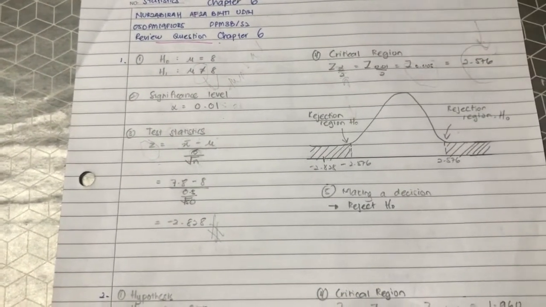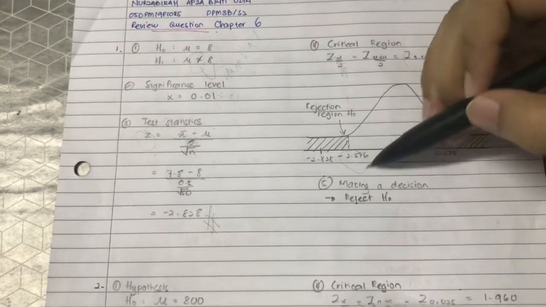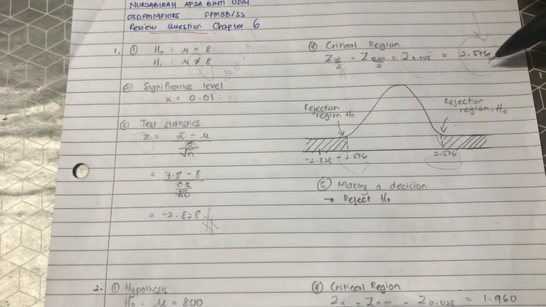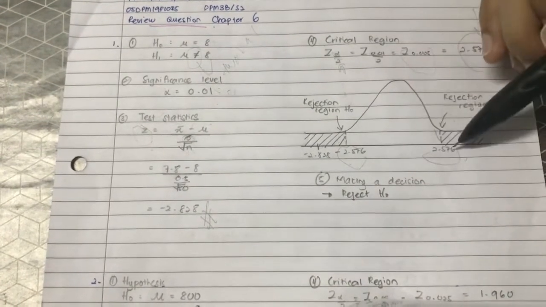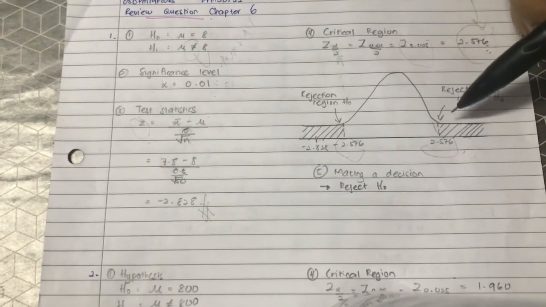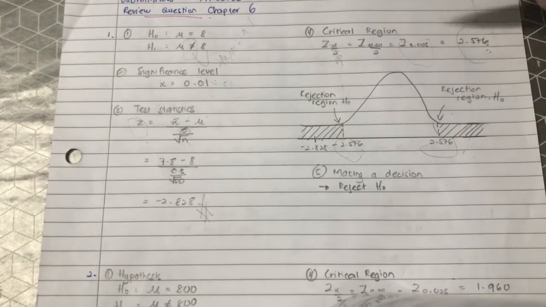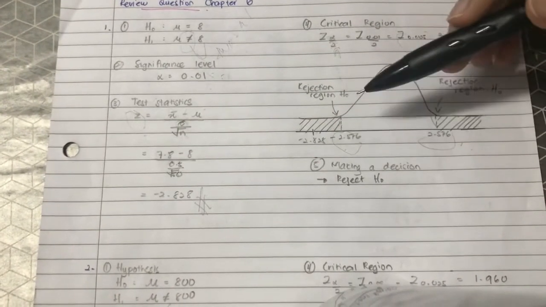This part and this part are the numbers that we got from the table, and we need to write them here and here. Why negative here and positive there? You must know that the right side is positive and the left side is negative.